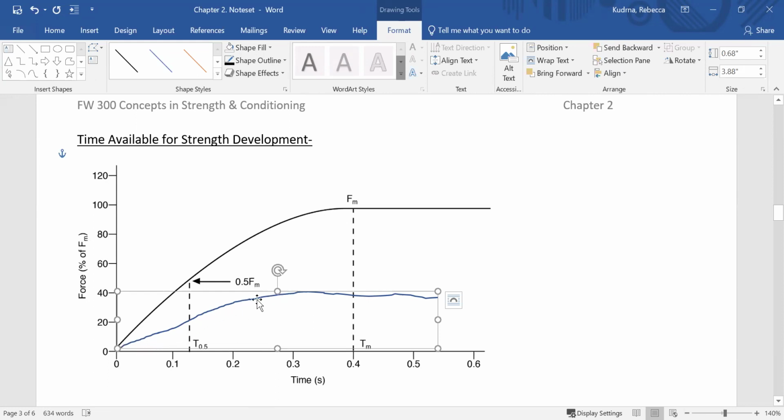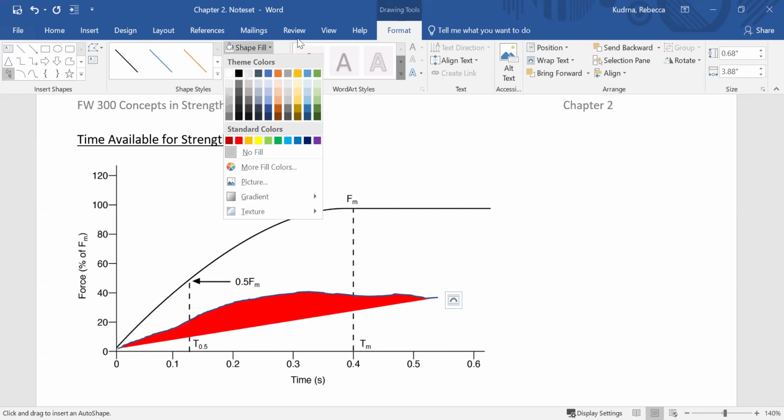And so halfway between here and here is here. So let's say this is the halfway part, that it took them longer to get to their halfway part. That's two physiological variables for this athlete that demonstrate they're not going to be powerful. Not only do they have low maximal force, they take longer to get halfway. That's how we would look at rate of force development and figure out if an athlete is going to be a good power producing athlete.